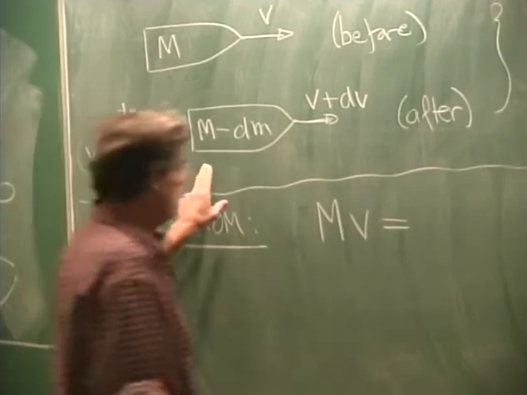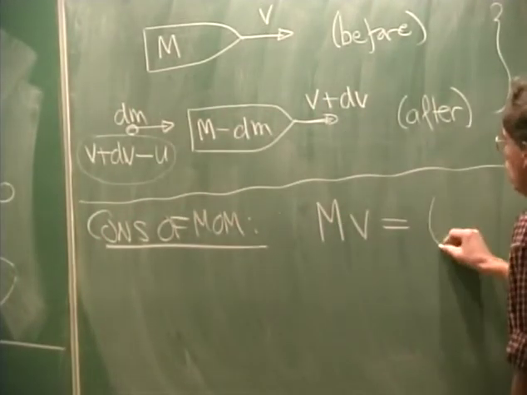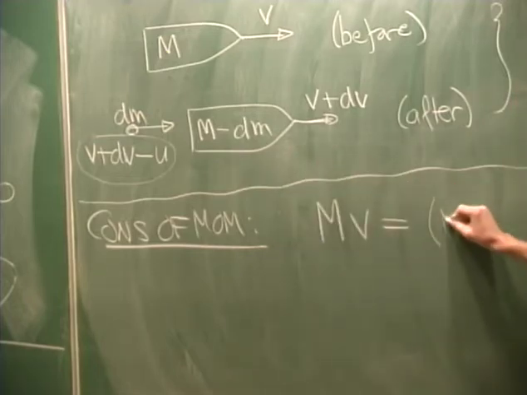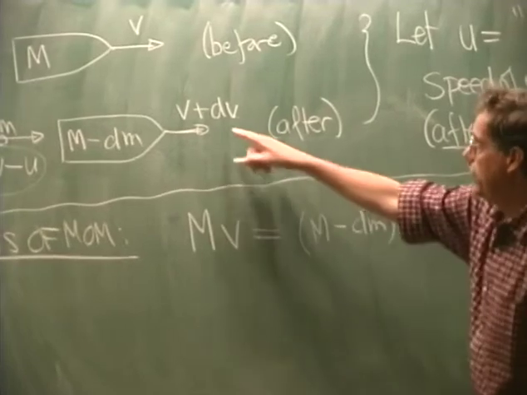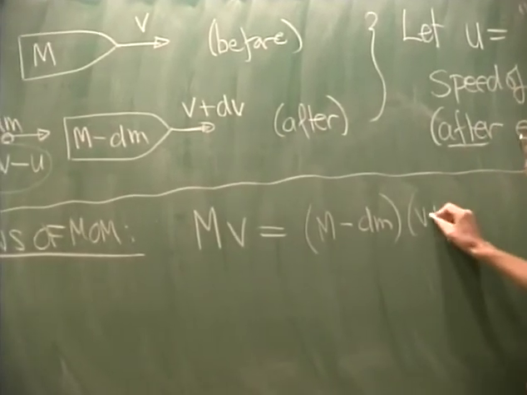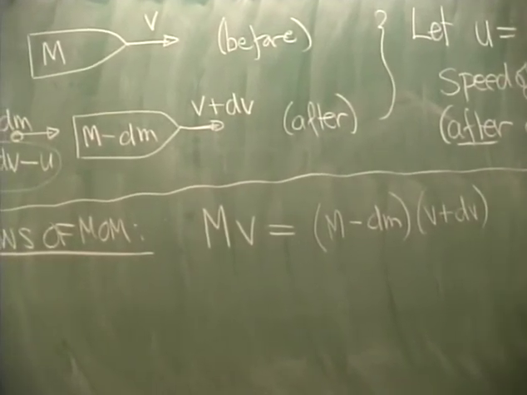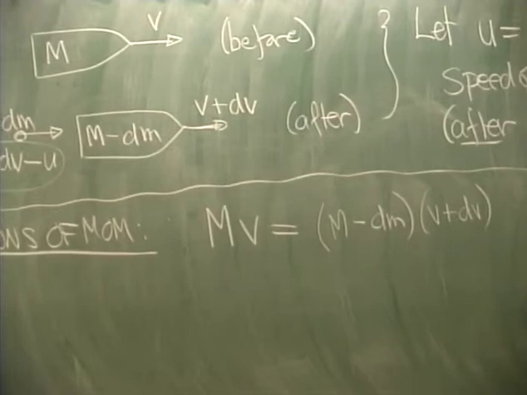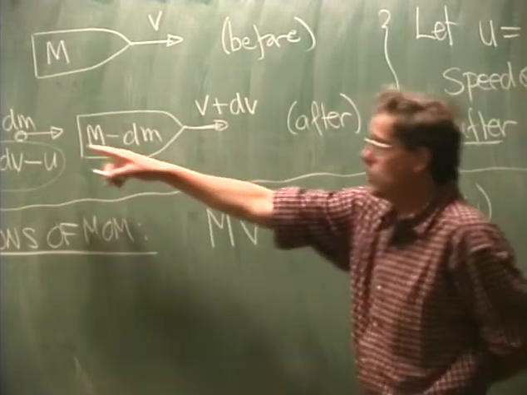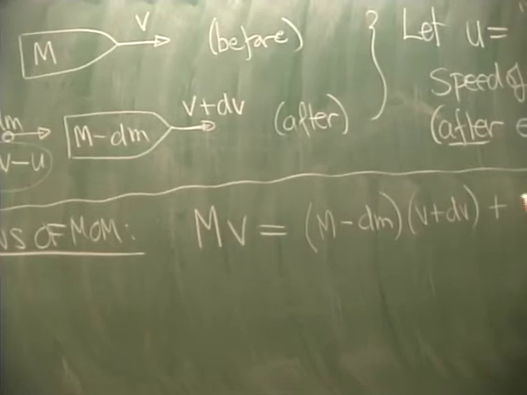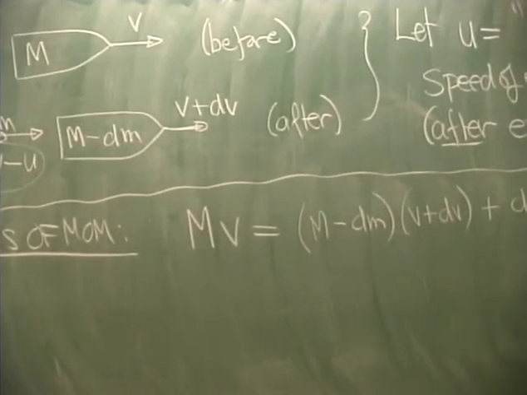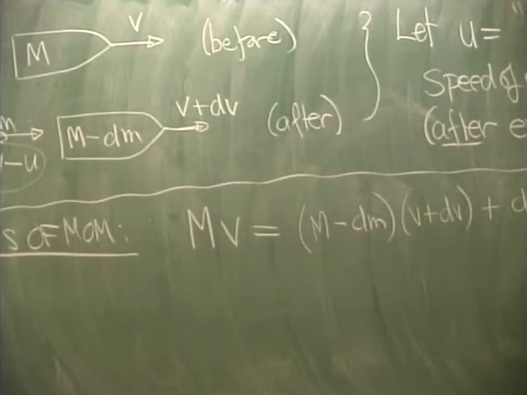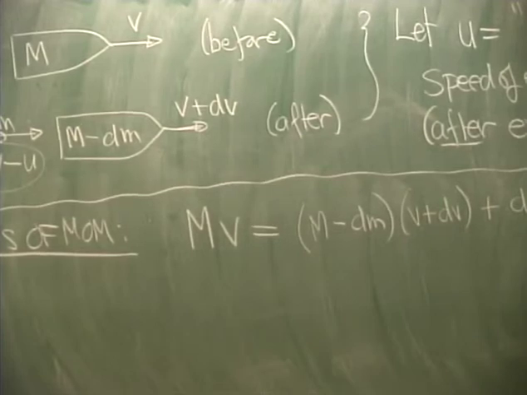Okay, final momentum. First of all, there's the rocket. That now has a mass M minus dm, and it's going at a speed v plus dv. Also, there is the exhaust. dm is the mass, and its velocity is v plus dv minus u.